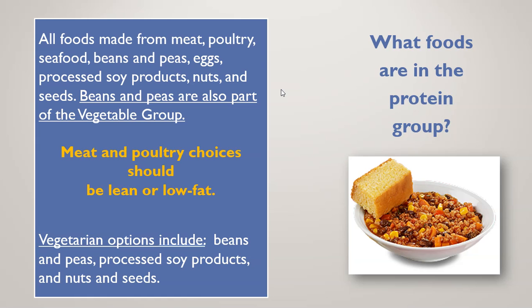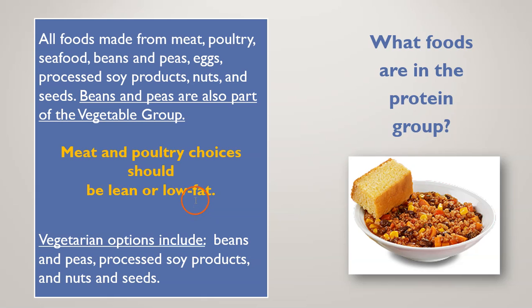Not all are of, I guess, equal quality, and we'll be talking about that more later. But what is considered important from the perspective of just protein in general is we want to be sure that we're consuming lean or low fat choices when it comes to meat and poultry. So chicken is going to be a leaner choice, or a lower fat choice, than beef.